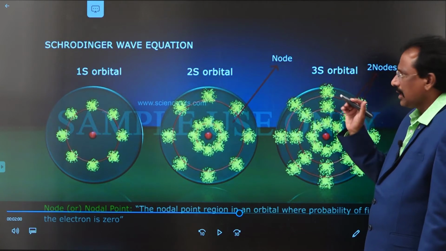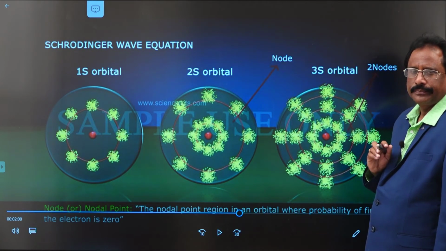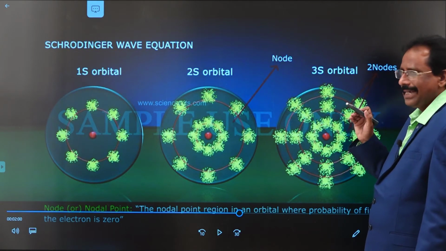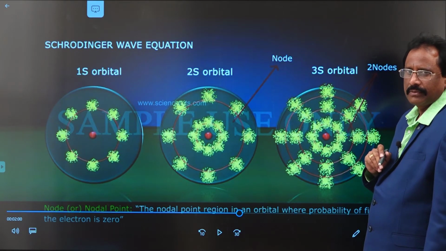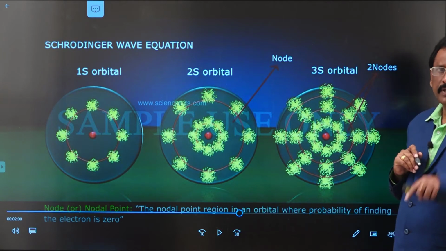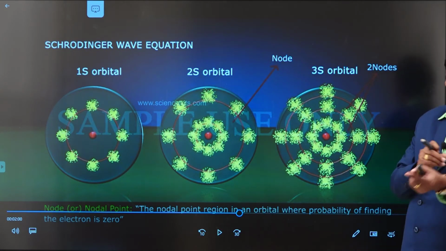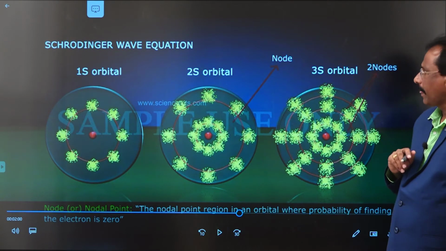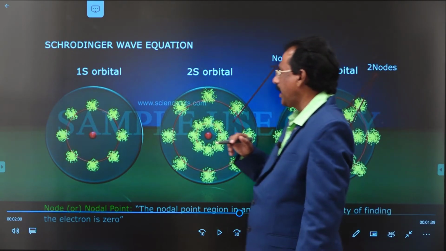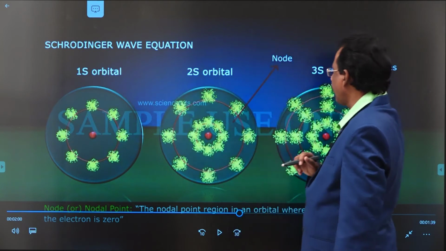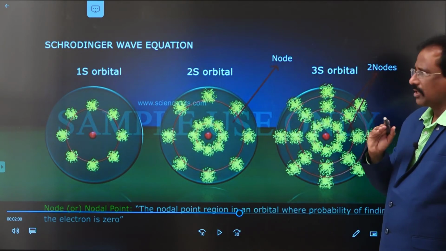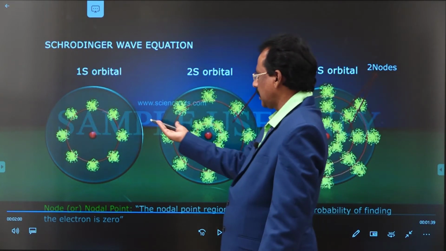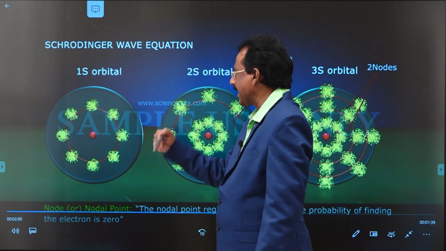That's why the formula used, total number of nodes is equal to n minus 1. Remember this formula. Total number of nodes is equal to n minus 1. For 1s orbital, value of n is equal to 1. That's why 1 minus 1. There are 0 nodes, because this is the starting orbital in an atom.